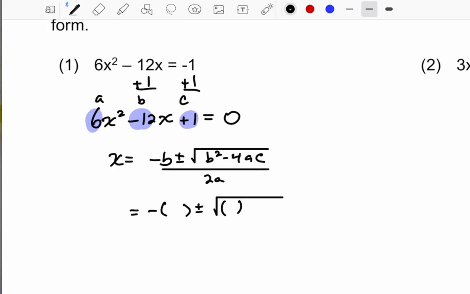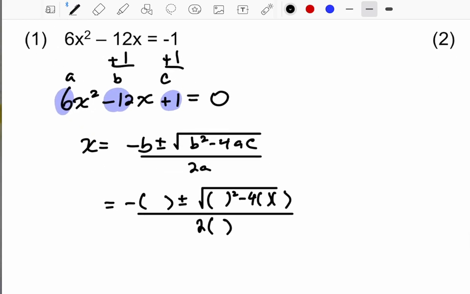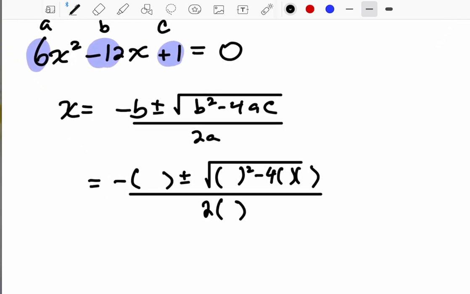Already did that. All right, so -12. Let's go red here. -12 squared minus 4 times 6 times 1, over 2 times 6.